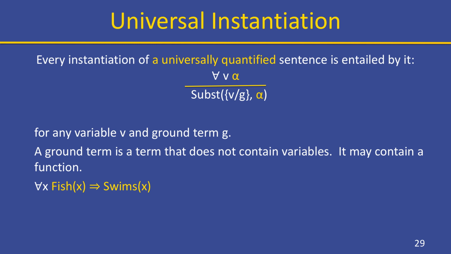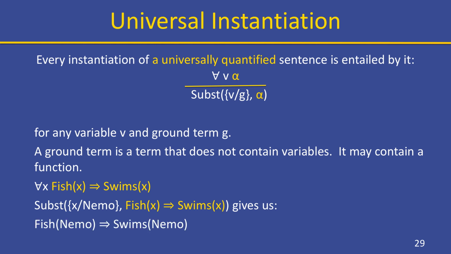The universal instantiation rule tells us that if we instantiate that sentence with a ground term, such as Nemo, the sentence that we obtain is entailed. So fish Nemo implies swims Nemo is entailed by for all x, fish x implies swims x.